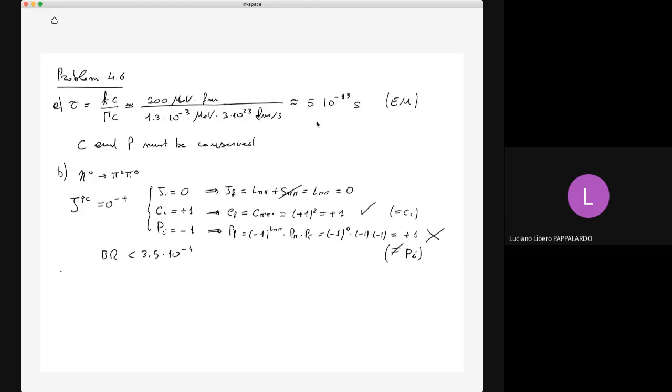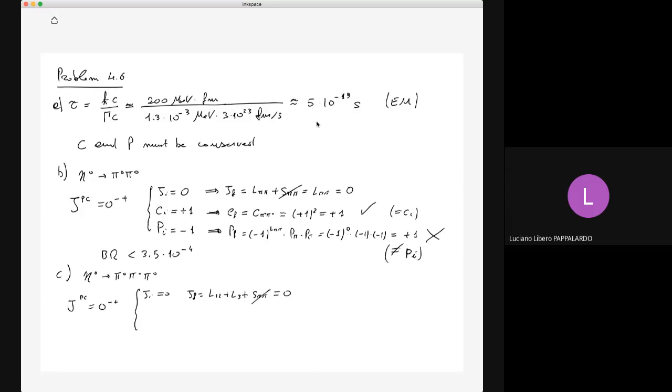Let's consider now the other. So now the eta 0 going into 3 neutral pions. Again, from our JPC equals 0 minus plus, we obtain that the JI is equal to 0, and so the JF, which is L12 plus L3 plus S pi pi, this must be 0 also.